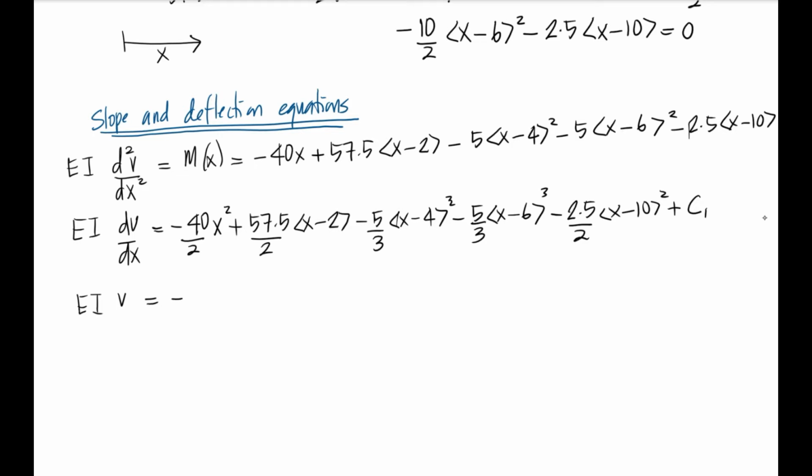Negative 20 divided by 3 x to the power of 3 plus 57.5, this is power 2, divided by 6 (x minus 2) to the power of 3 minus 5 divided by 6 (x minus 4) to the power of 3.